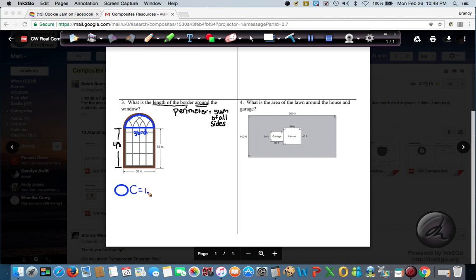I am going to use pi times the diameter. I'm going to use this formula because it's just easier than taking half of 36 and then multiplying it back by 2. It just undoes it. So circumference is going to equal 3.14 times my diameter, which is 36.